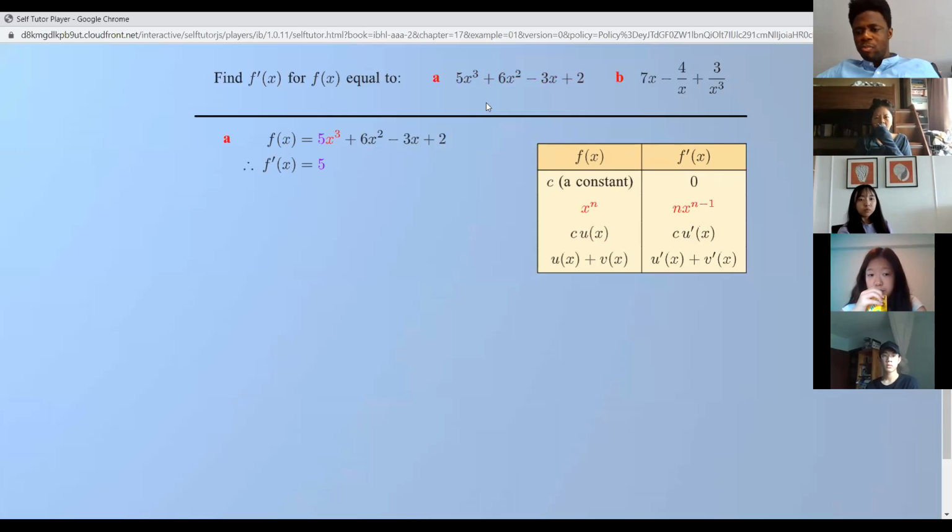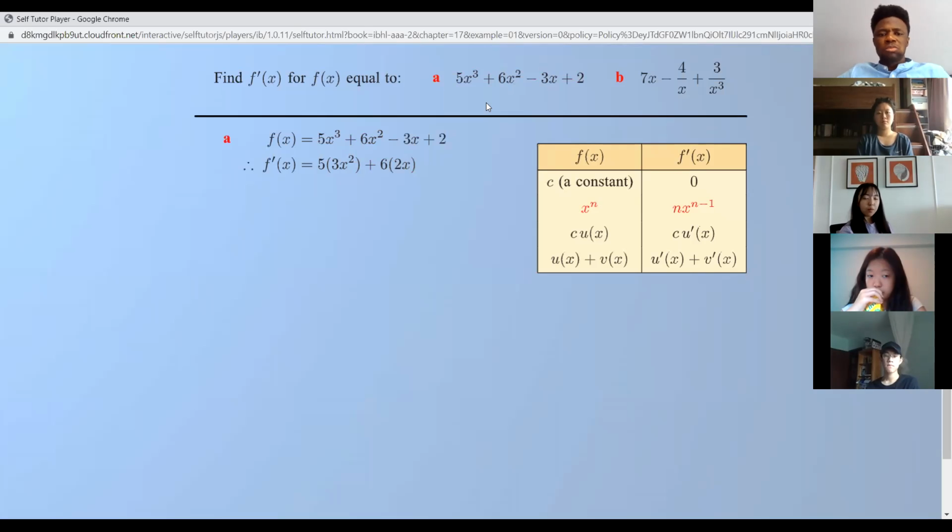Now, the derivative of x to the n is n times x to the n minus 1. So, the derivative of x cubed is 3x squared. To differentiate 6x squared, we write the constant 6 in front, and the derivative of x squared is 2x to the 1, or 2x.